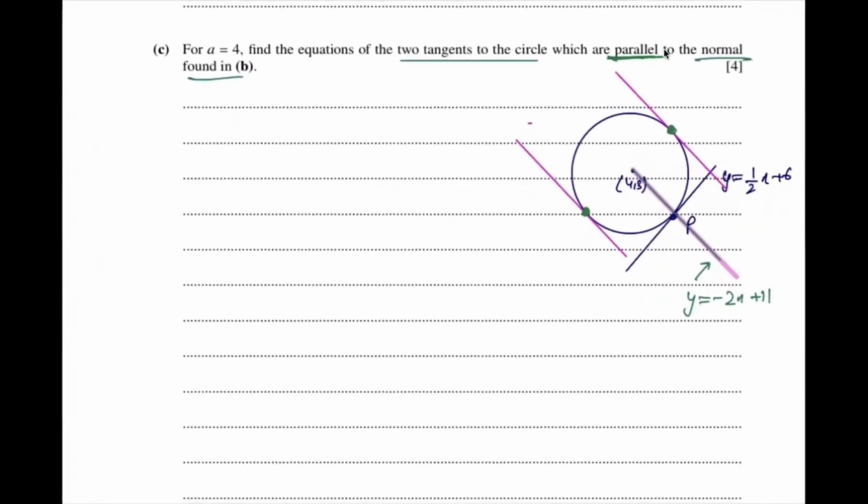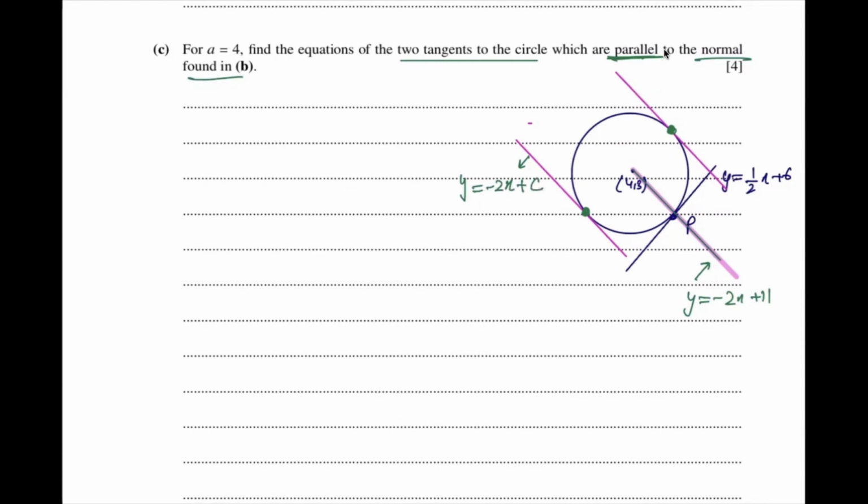We know that the gradient of a parallel line is the same. If the normal has a gradient of -2, then this line will also have a gradient of -2. So the equation is going to be y equals -2x plus c. Now, we don't know this c.